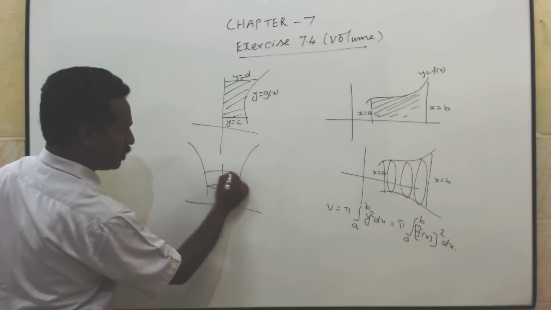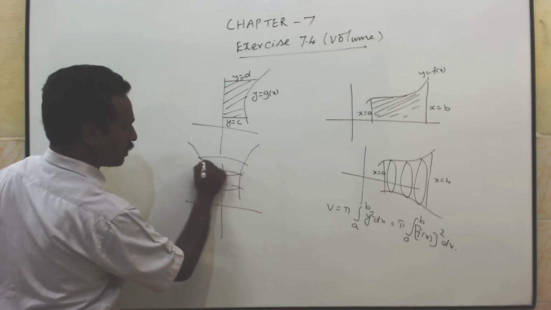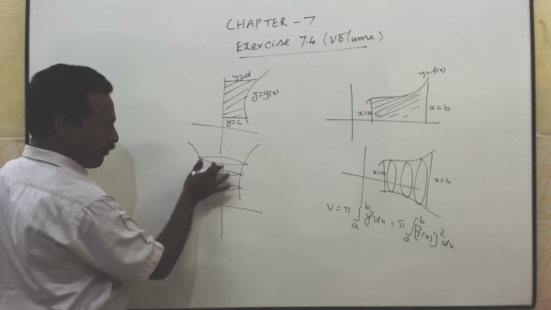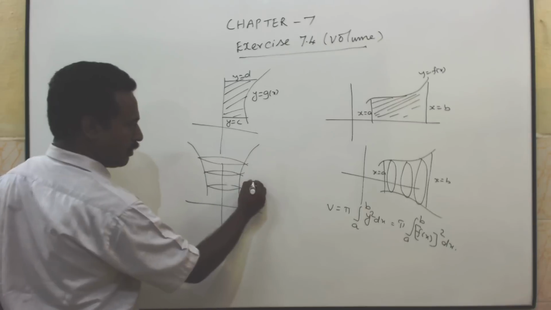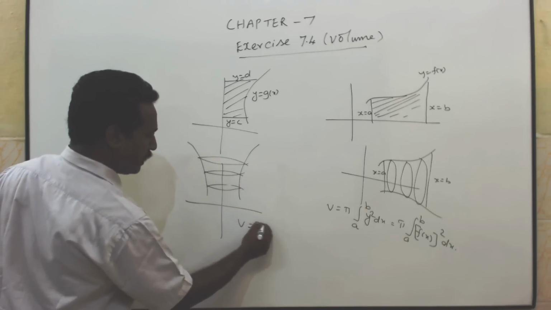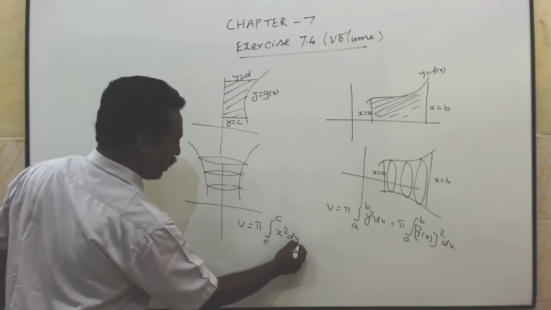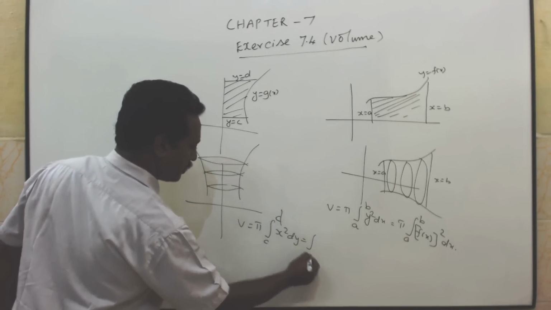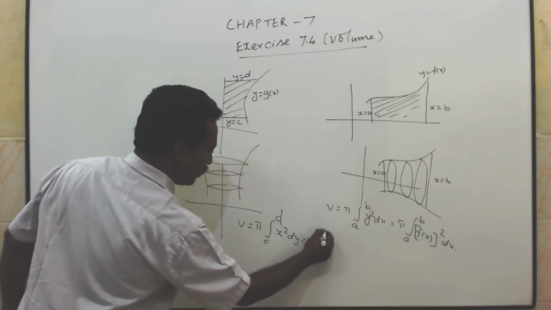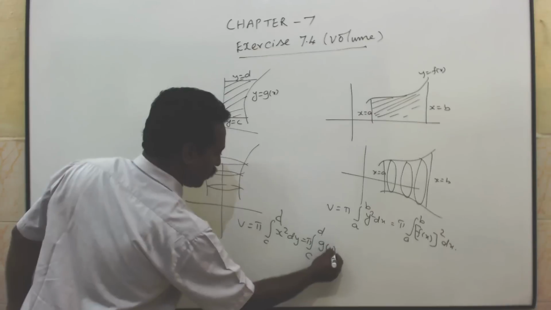This is rotation about which axis? Y-axis. So if you want to find this volume, V equal to pi integral c to d x square dy, or integral c to d pi g of y whole square into dy.